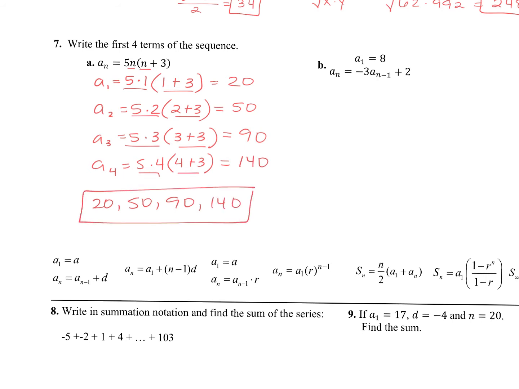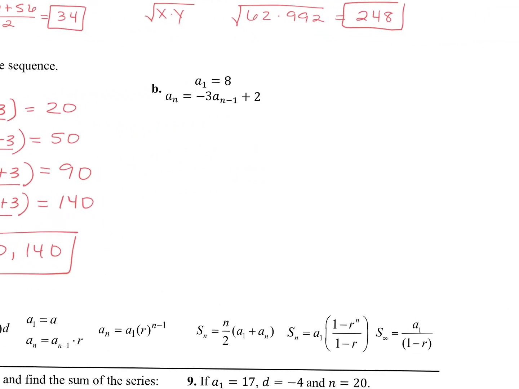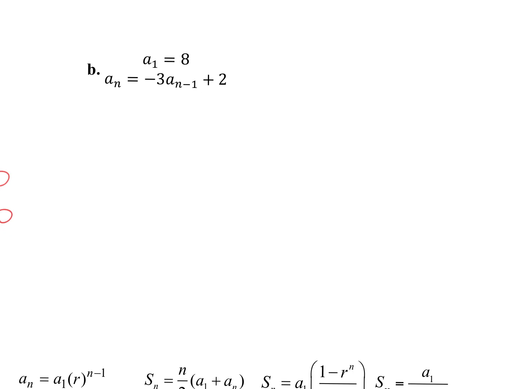Okay, of the sequence. Letter B, this one still find the first 4 terms. So we have our first one, which is lovely. A sub 1 is 8. A sub 2 is negative 3 times the term before it. Remember, that means the term before it. So that's where we take our a sub 1, because a sub 2 minus 1 is a sub 1, right? Plug in our a sub 1, so plug in an 8, and then add 2.